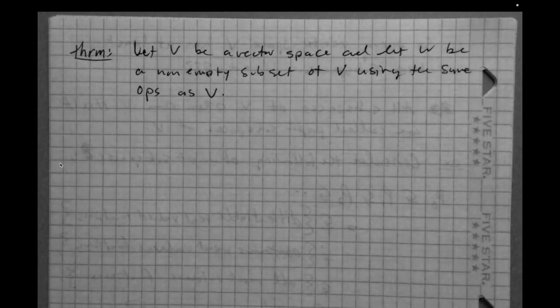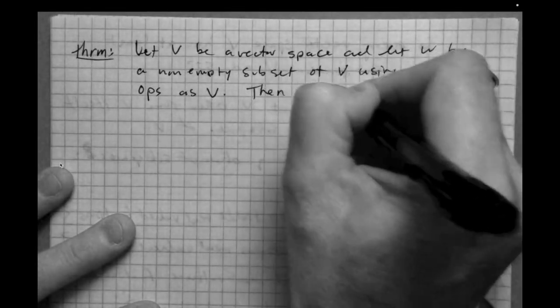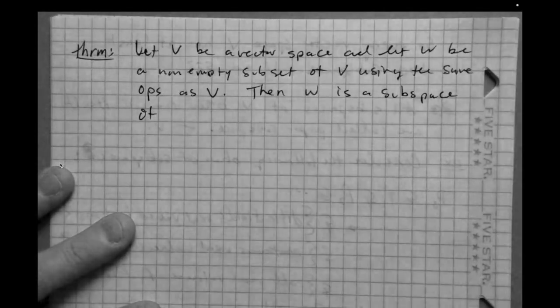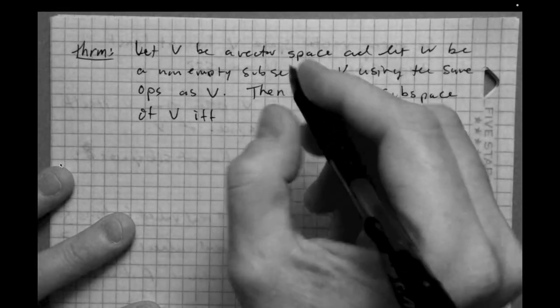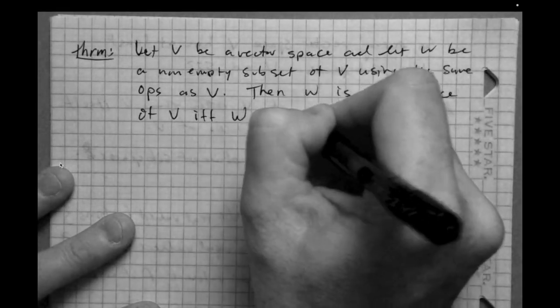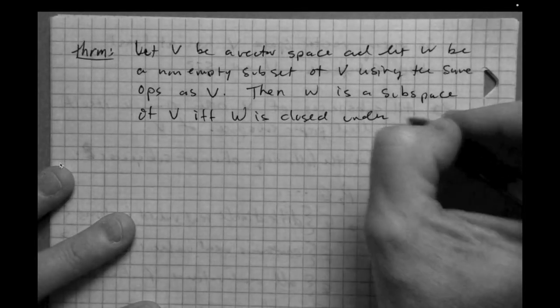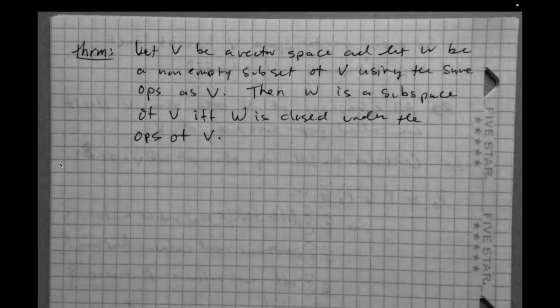So V is a vector space, W is a subset of V, using the same operations as V. Then we can say W is a subspace of V if and only if W is closed under the operations of V, namely vector addition and scalar multiplication.